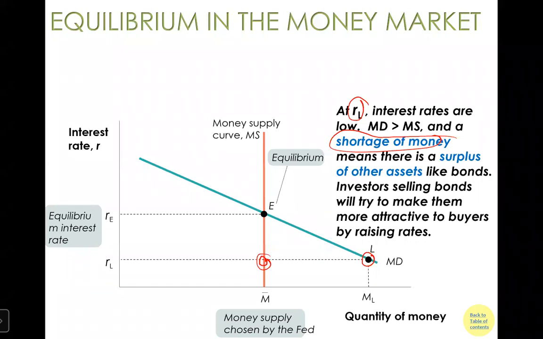At the same time, it just means there is a surplus of other assets, like bonds. There is less money going after other assets. Those investors who have bonds are trying to sell their bonds, and they are willing to sell at a lower price.